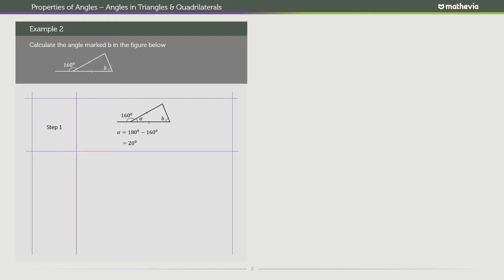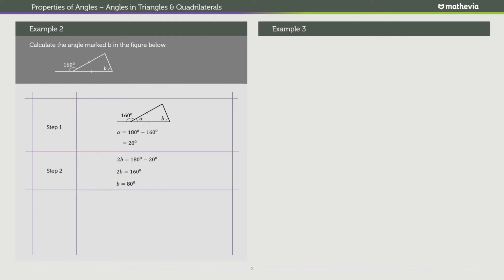The sum should be 2B, i.e. 2B plus alpha should equal the sum of angles in a triangle. So we have that 2B equals 180 degrees minus 20 degrees, or minus alpha, and we have 2B equals 160 degrees, and you have that B equals 80.